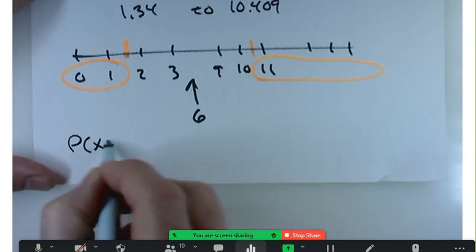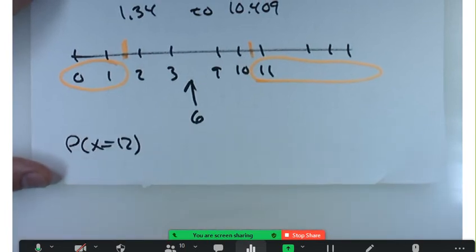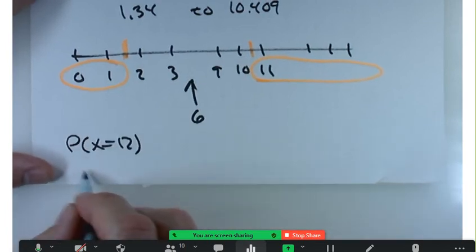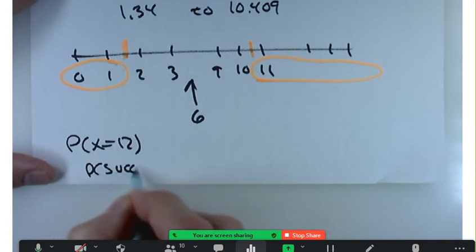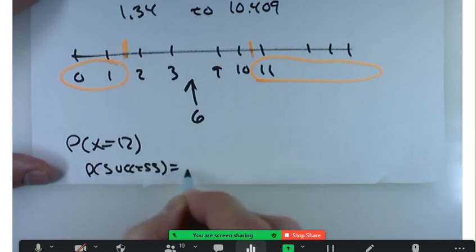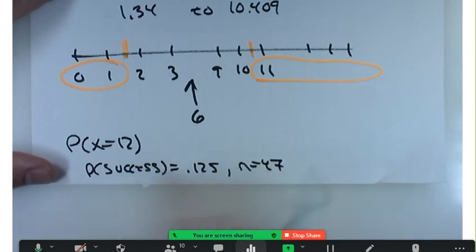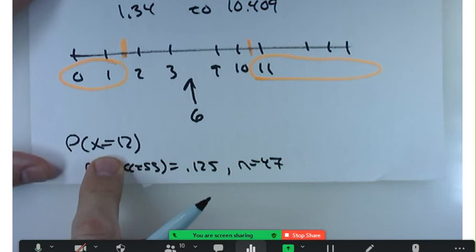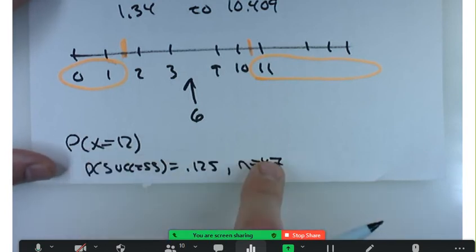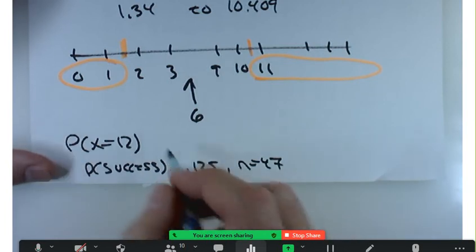Probability that x equals 12 in this condition, we're going to assume that probability of success is 0.125, that n equals 47, and we want the probability of having 12 successes amongst these 47. So how likely is that?